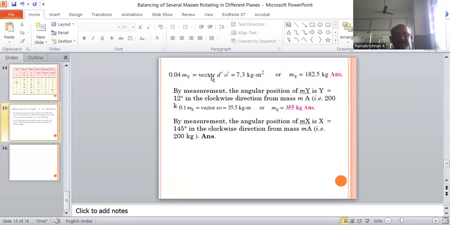Now we can measure the vector, which gives the value 7.3 kg meter squared. From that, we can easily calculate the value of my, the mass rotating in plane Y, that is 182.5 kg.